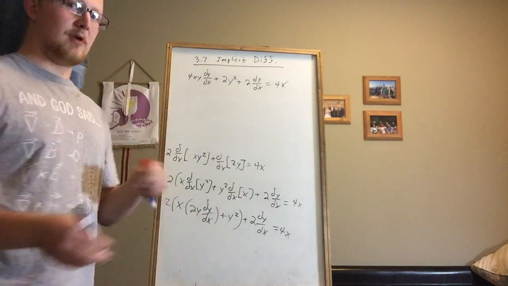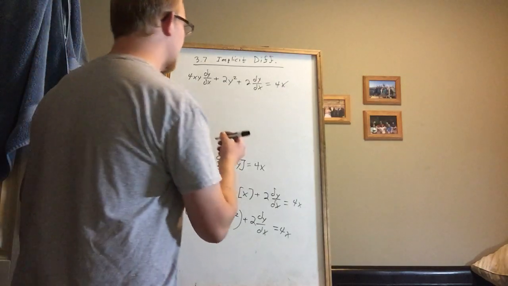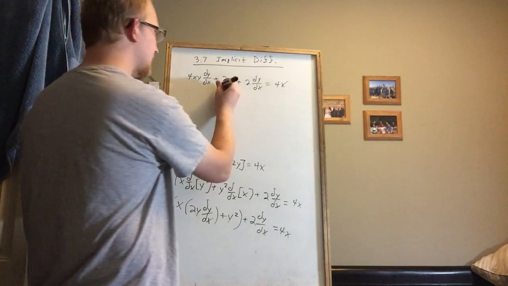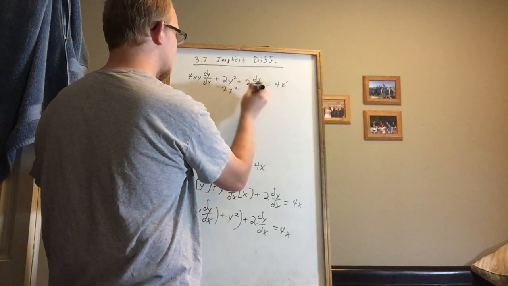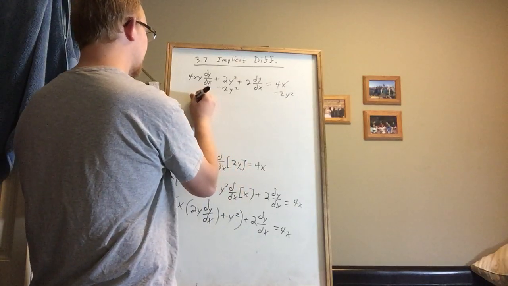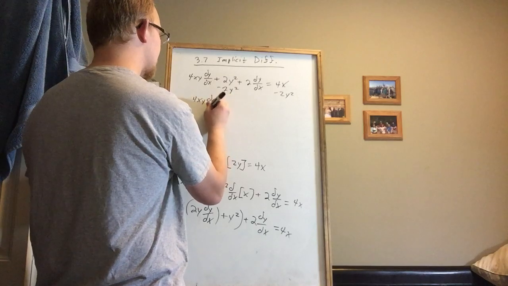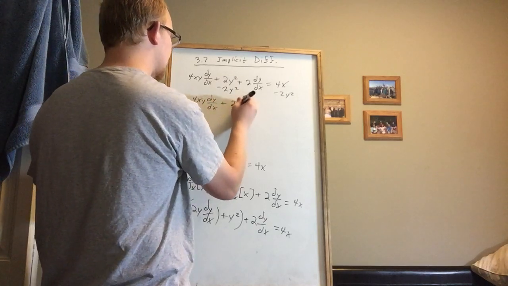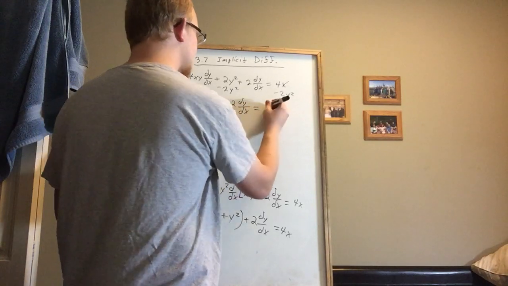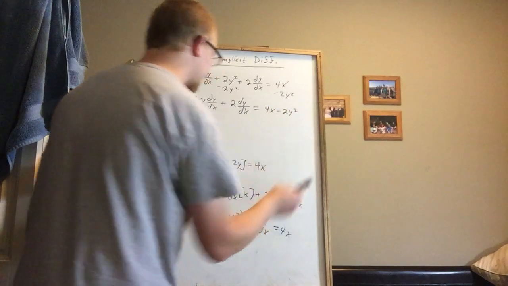Alright, so we need to get dy dx alone, just like we're solving for x, essentially. So let's move all the non-dy dx terms to the other side. That would be minus 2y squared on both sides. And then we're left with 4xy dy dx plus 2 dy dx equals 4x minus 2y squared.